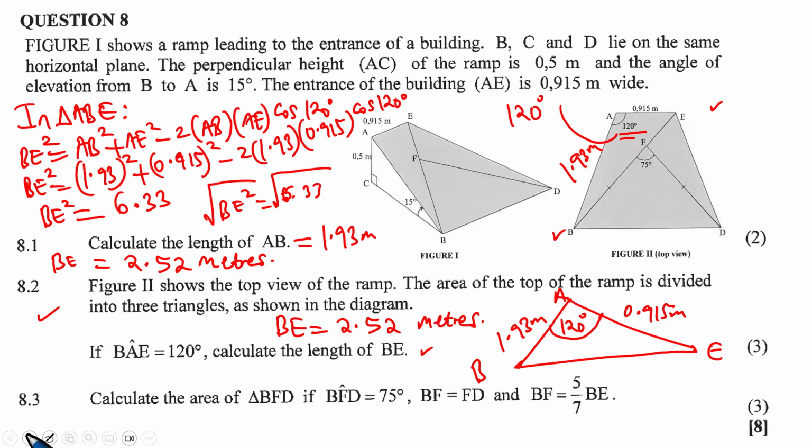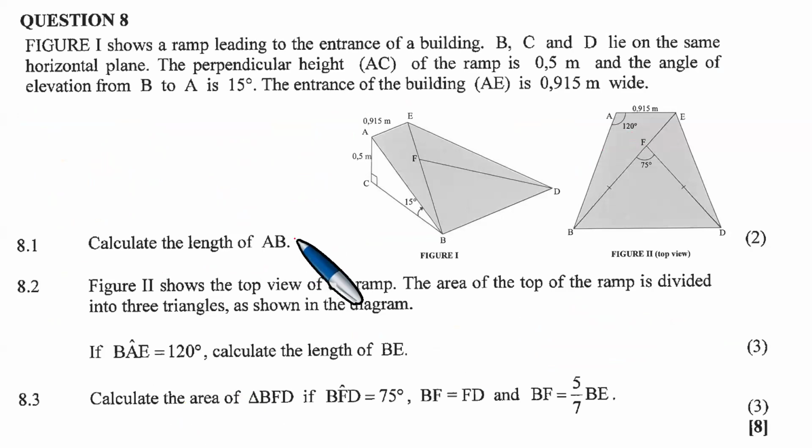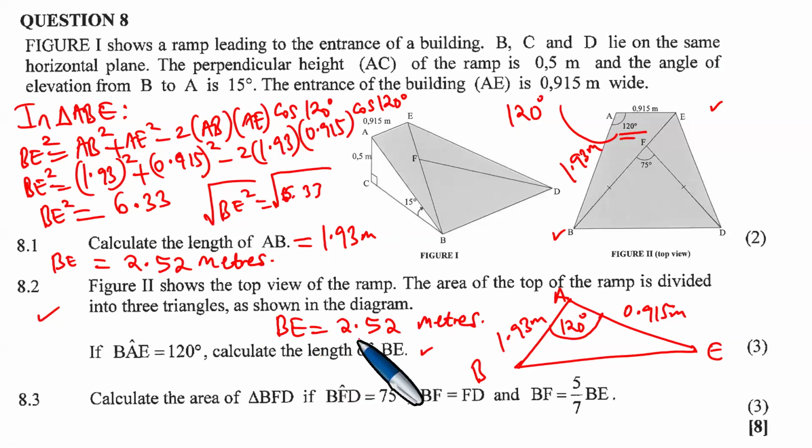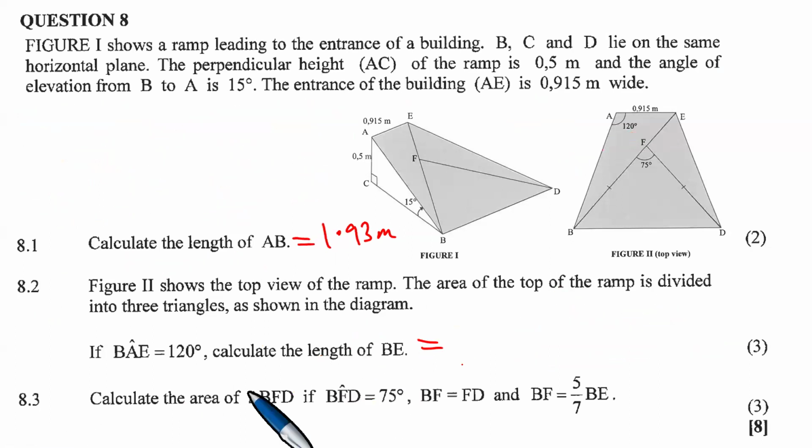So now we have the fact that AB itself is 1.93 meters. The BE is actually 2.52 meters. Calculate right now the area of the triangle BFD.